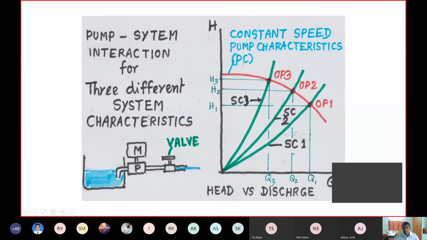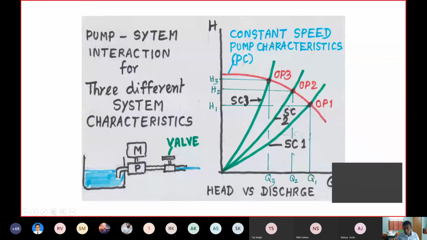Now you see a pump system interaction for three different system characteristics. You have a single constant speed pump characteristic, the red one, and you have three system characteristics: system characteristics 1, 2 and 3. So you can think of three intersection points. At one valve position, you will get the operating point OP1, with correspondingly Q1 and H1.